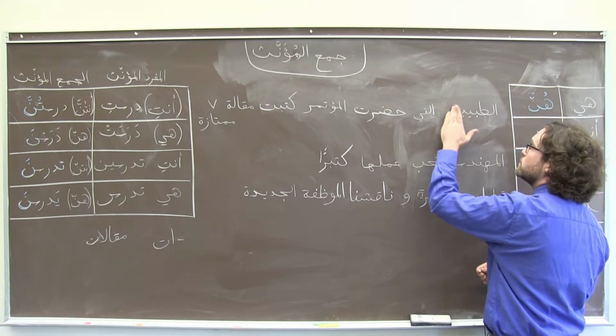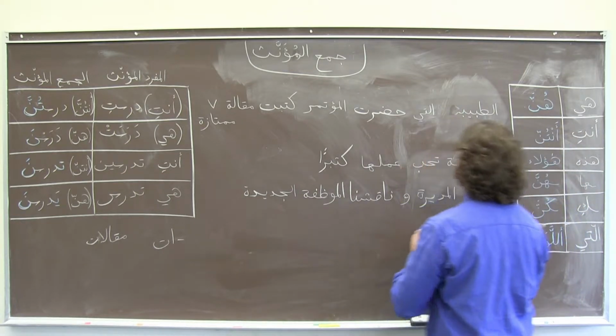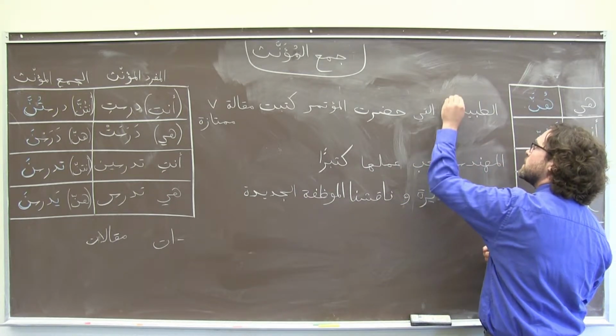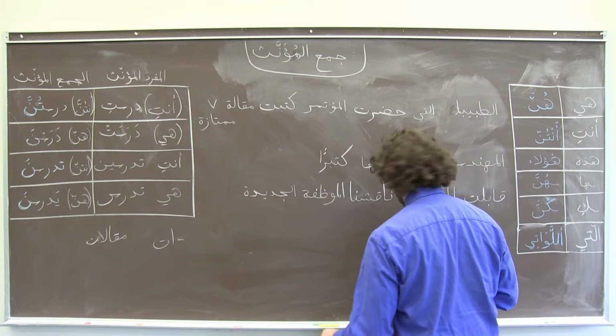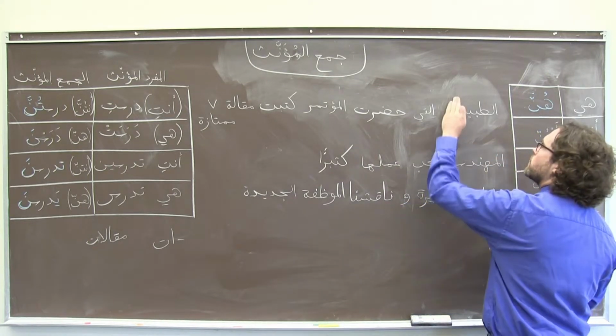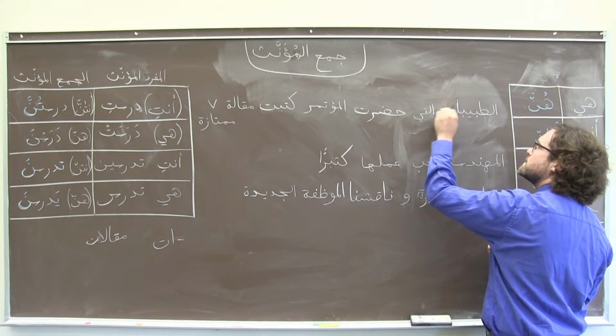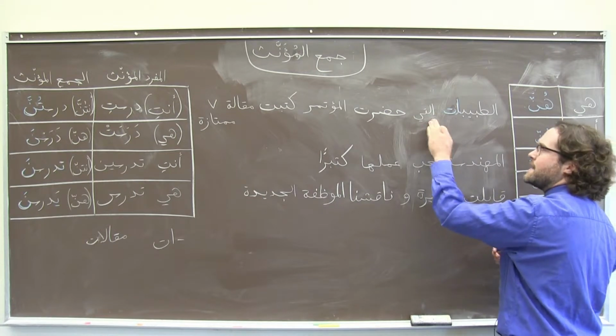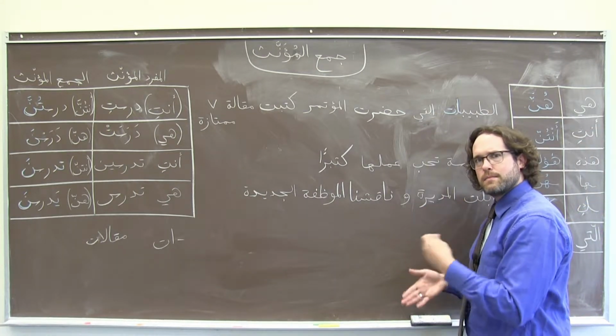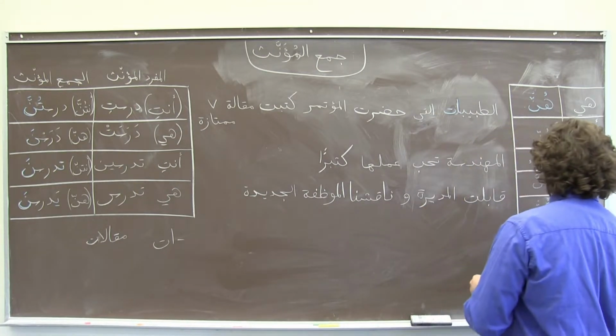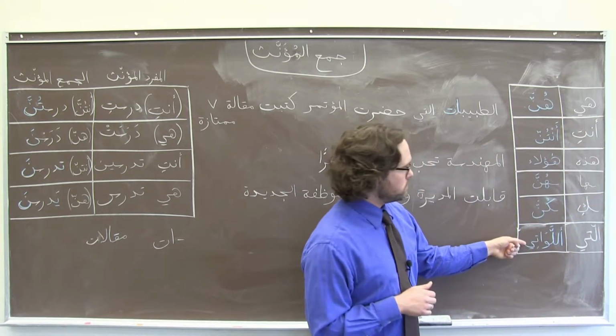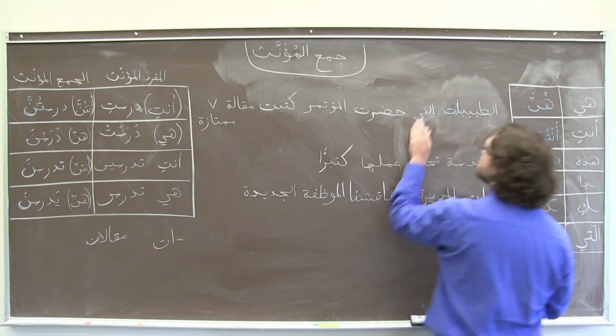So, I'm going to first use that sound feminine plural and say الطبيبات. Let's use a different color. How about blue? الطبيبات التي. Now I need to turn التي into a feminine pronoun. اللواتي.